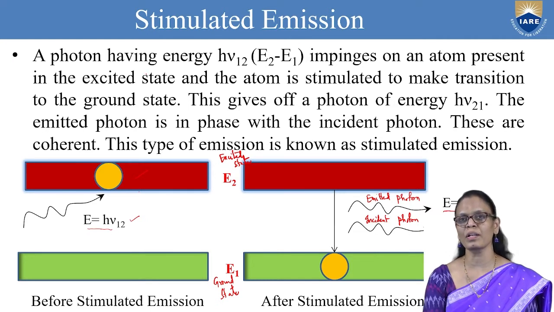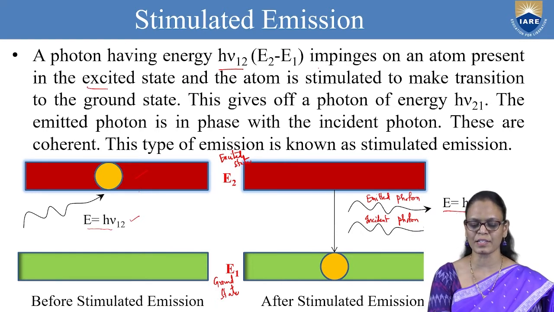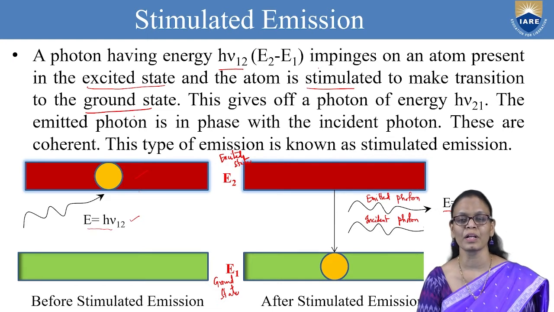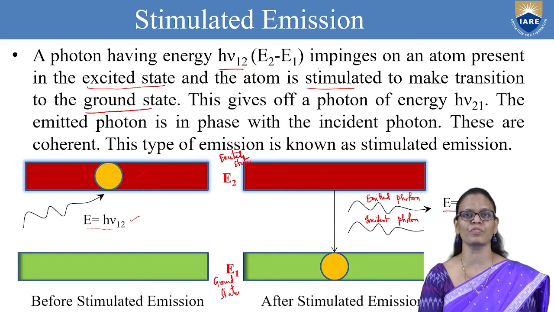So a photon having energy h nu 12 impinges on an atom present in the excited state, and it will stimulate it to make a transition to the ground state. So it is not happening on its own. It is occurring due to the stimulation of the external photon.